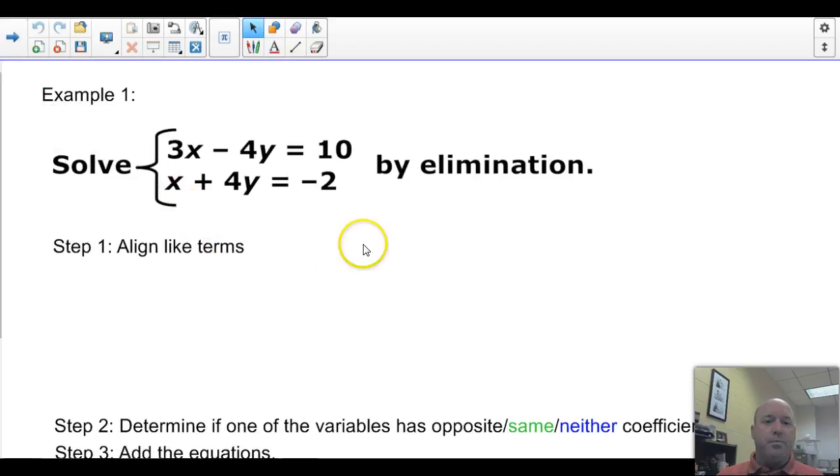So our first example here, and this is the same example that you'll see on your success packet, is 3x minus 4y equals 10 and x plus 4y equals negative 2.